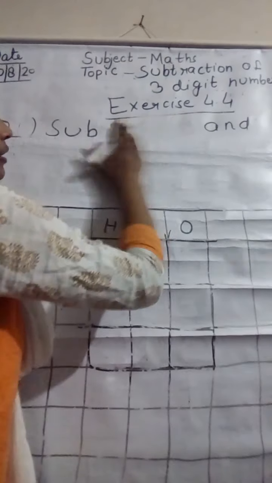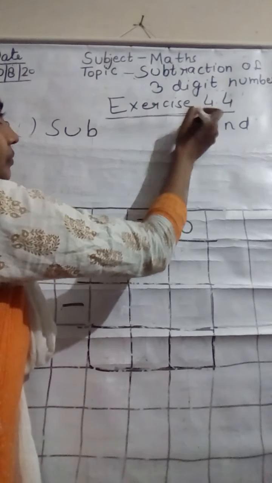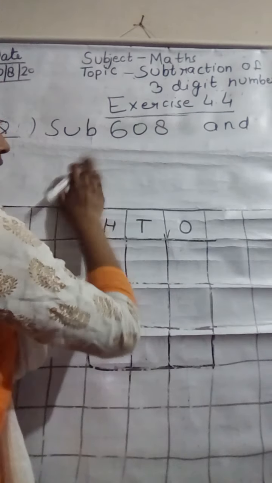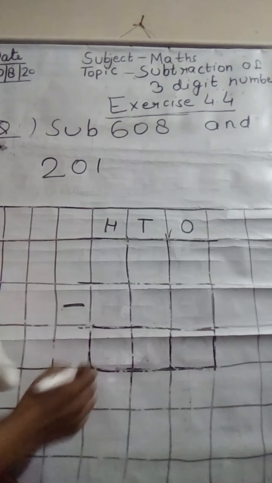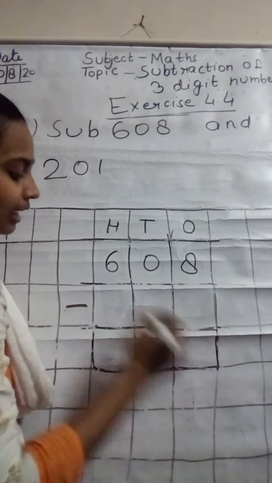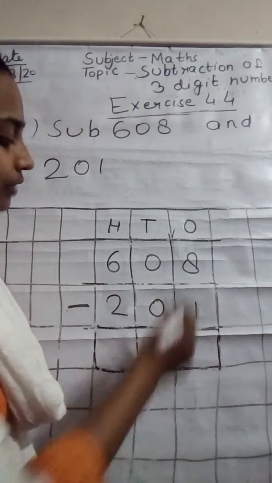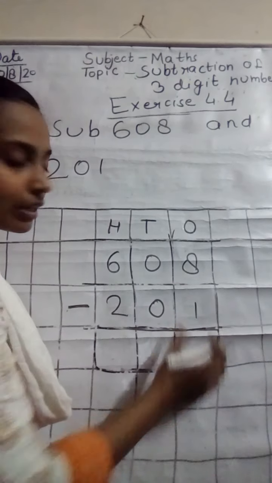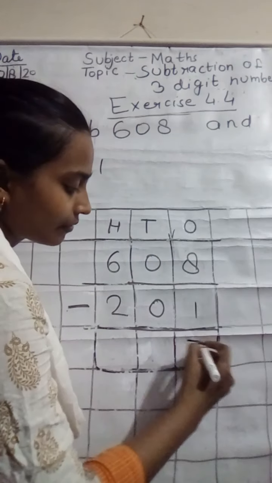Now in the column way, 608 and 201. How do we have to subtract this? 8 minus 1, tell me orally. 8 minus 1 is 7.